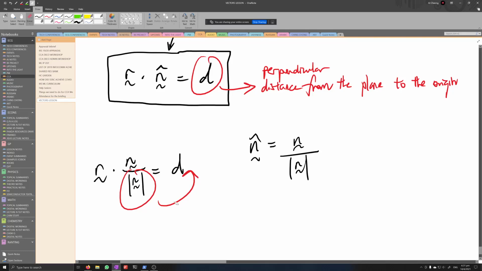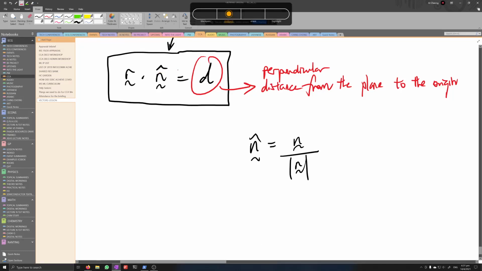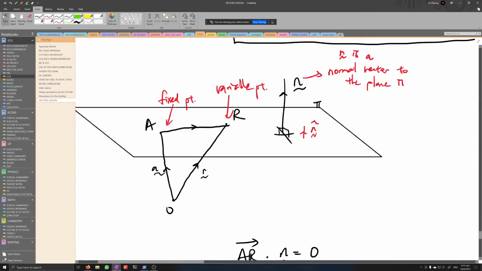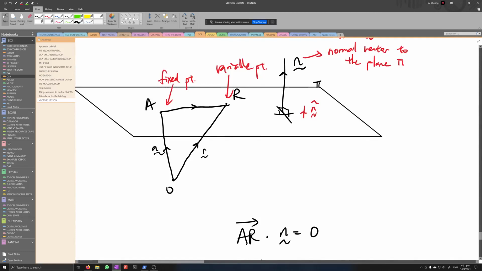What does n hat equal again? The hat means that it is the unit vector. It means you preserve the direction, but the magnitude is fixed at 1. The reason for doing that is such that when you find all the possible arrowheads that lie on the plane, you draw the right angle triangle and project it onto the normal vector.